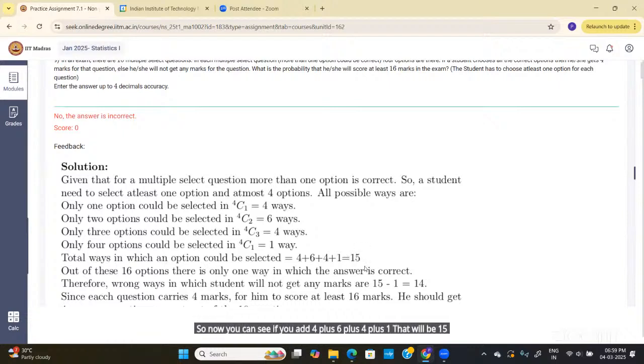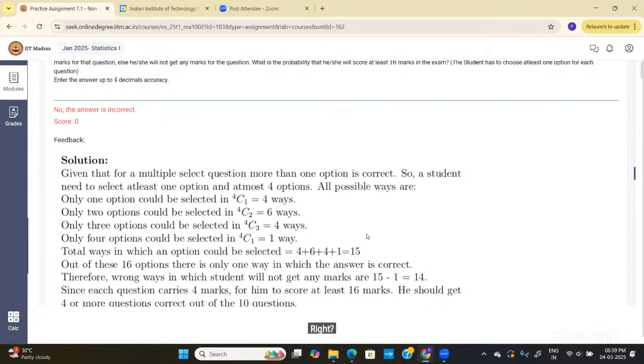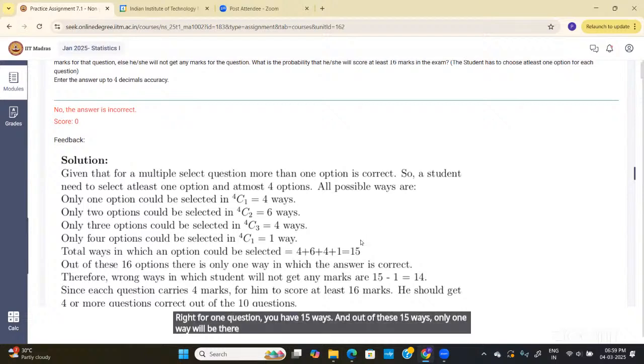Which means that you can attempt one question in 15 different ways, right? For one question, you have 15 ways. And out of these 15 ways, only one way will give you the correct answer for that question.